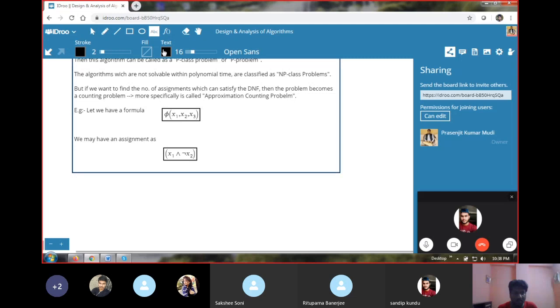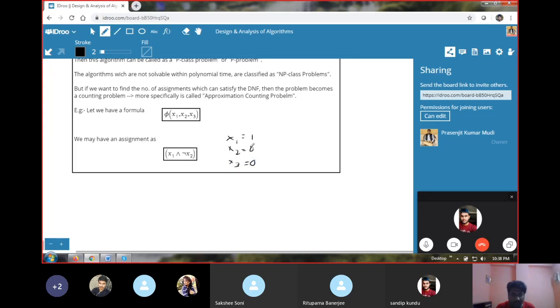It denotes x1 equal to 1 and x2 equal to 0, because of the NOT operation, as it is AND, so it will be 1 if x1 equal to 1, x2 equal to 0, and x3 is assumed to be, let's say, 0.